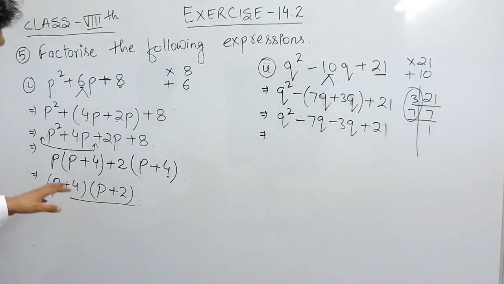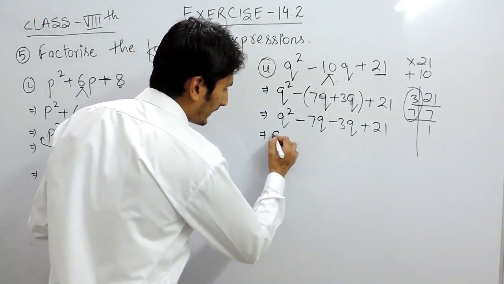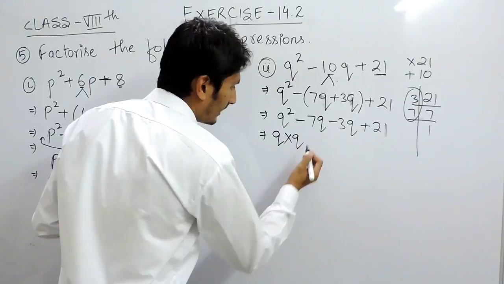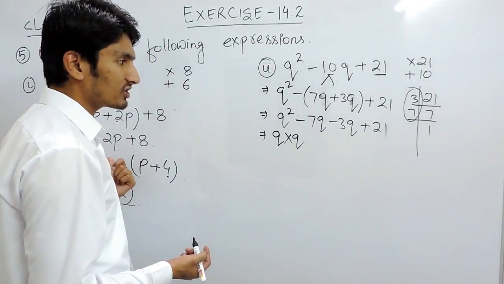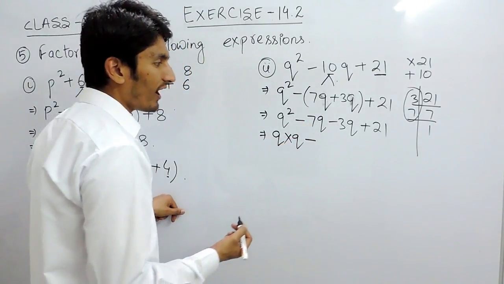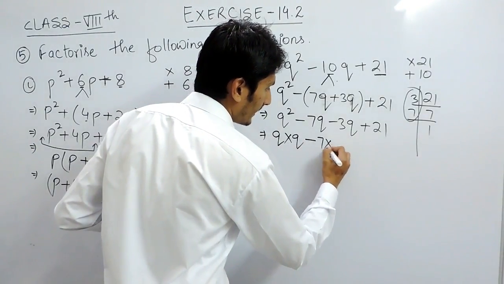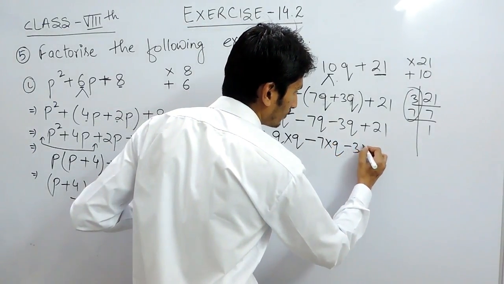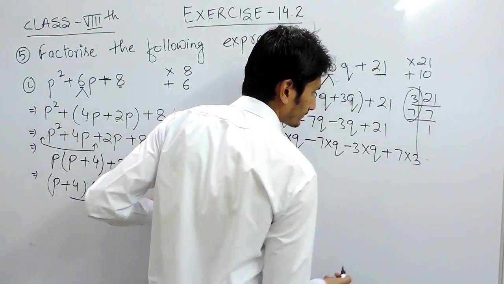If you are not able to understand why I have taken direct common, in this part I am trying to explain, or you can say I am writing another step which I had skipped. So, first of all, write it in factor form. q square can be written as q multiplied by q, and this is 7 into q, this is 3 into q, and 21 is 7 into 3.